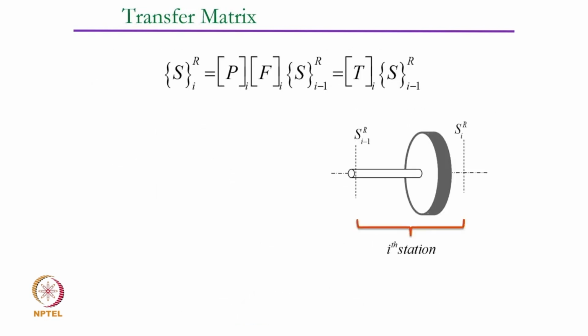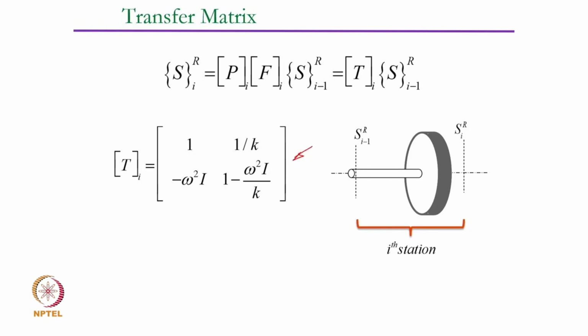If you multiply using all the individual elements that we found for P and F, the net product turns into this: the matrix of the ith segment is 1 by k, minus omega square I, 1 minus omega square I by k. Here k is the stiffness of the shaft element, and this relates this state vector with this state vector.